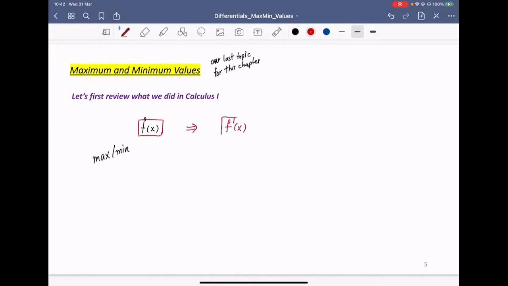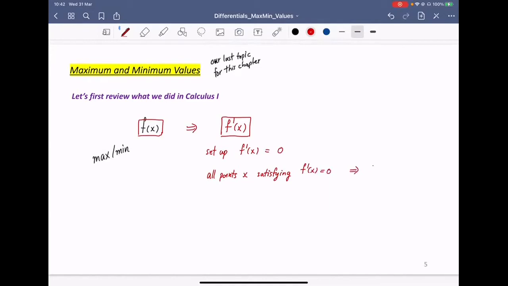Once you differentiate to get f prime x, you set f prime x equal to 0, and then you find all the points x that satisfy f prime x equal to 0.